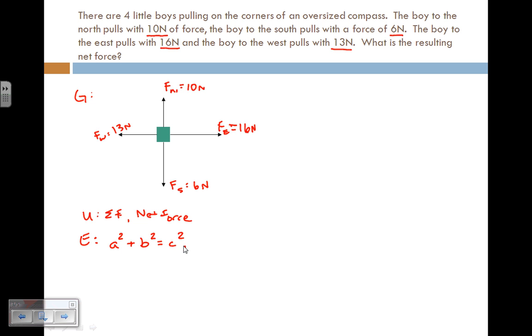And you all know, we talked about this in previous days, that the sum of forces in the x direction is going to be equal to Fe, the force east. Again, we're looking at only the forces on this x-axis, and we're going to add the negative of the western force.